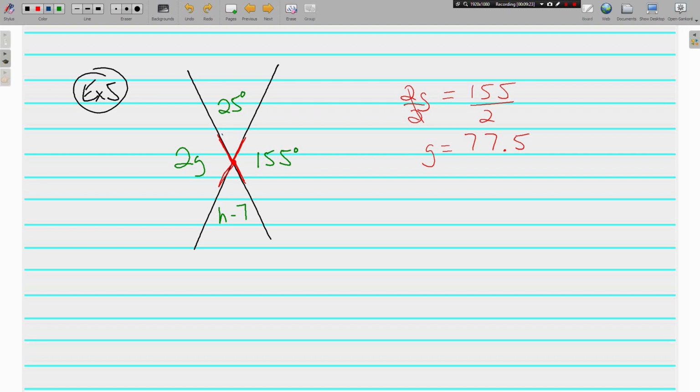And 25 degrees is vertical with h minus 7. So 25 is equal to h minus 7. Add 7 to both sides. And h is equal to 33. 33 minus 7 gets us that 25.